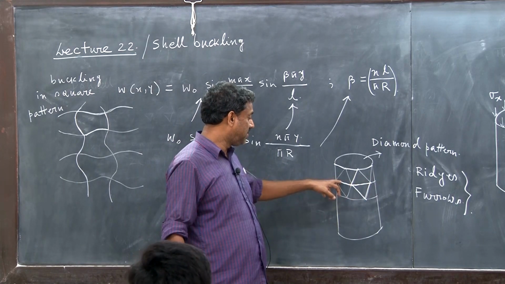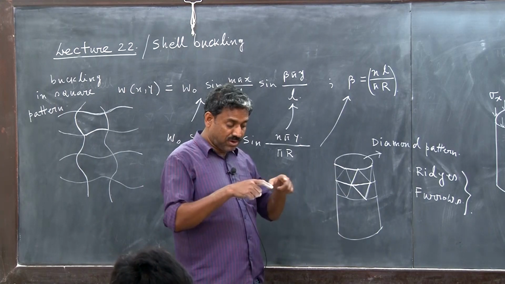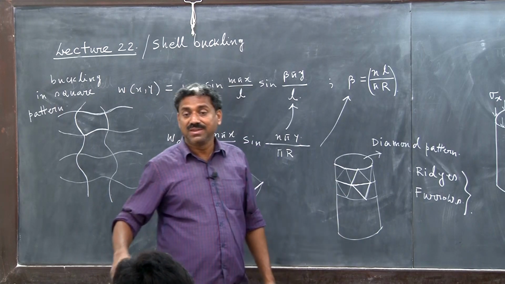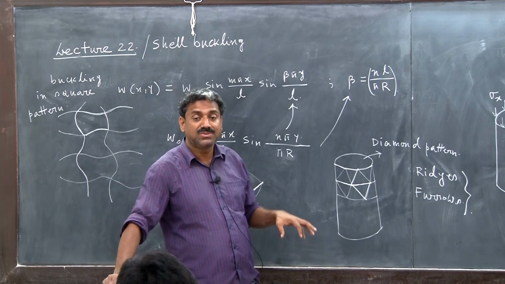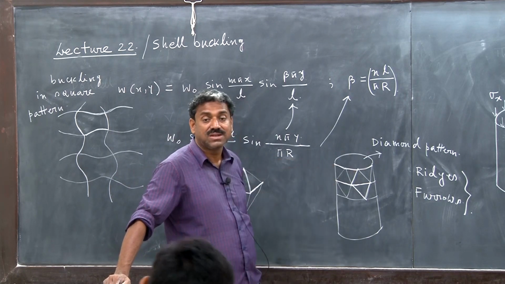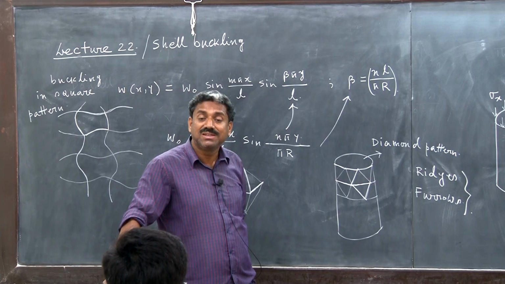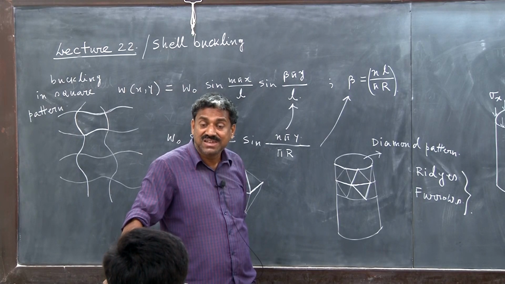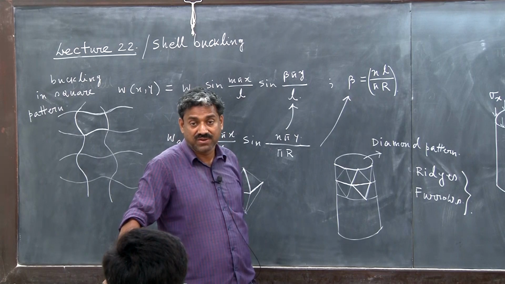And in all this diamond pattern, if you sum up whatever is coming up, these ridges, you will see that the length of these ridges will essentially be the same as the circumference of the cylinder. So what does it mean? That means essentially it's an inextensible mapping of the surface.